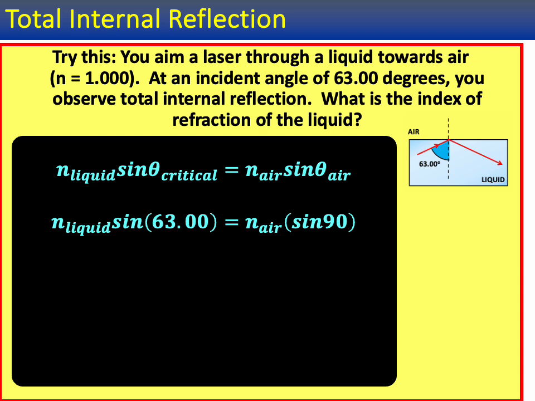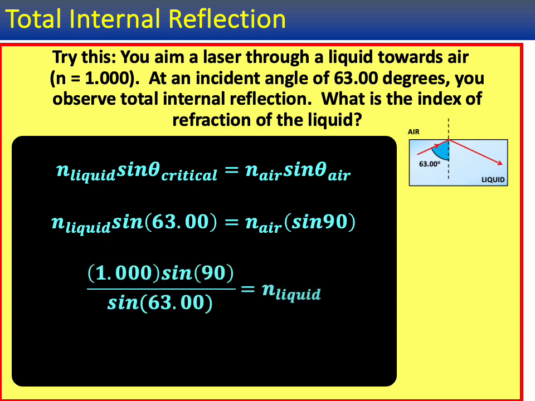So that's that refracted angle of 90, and the sine of 90 is 1. We do a little rearranging there. It's not so bad. Index of refraction of air is 1. And that's what we end up with. If you want to look over it again, obviously you can pause.